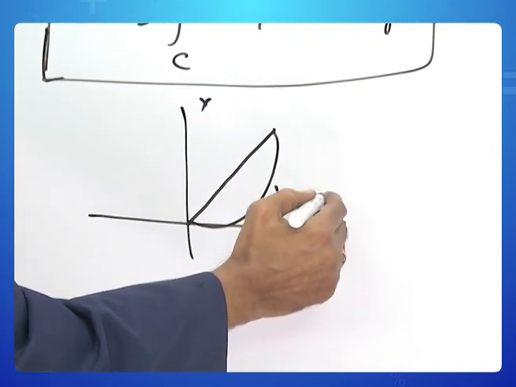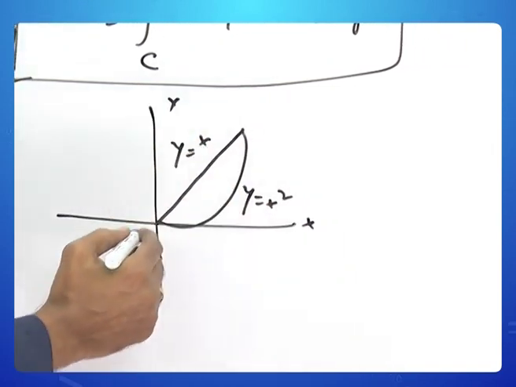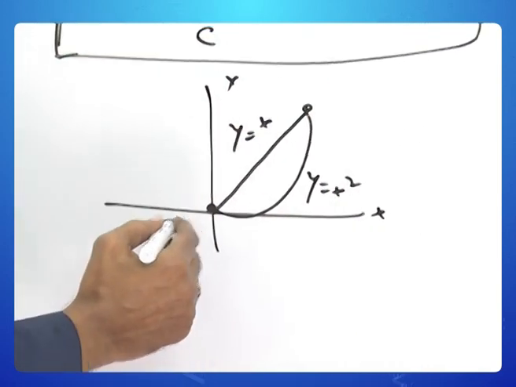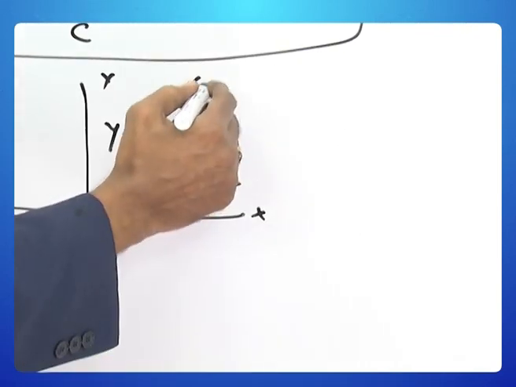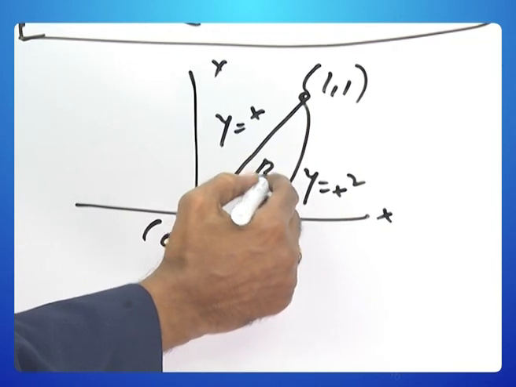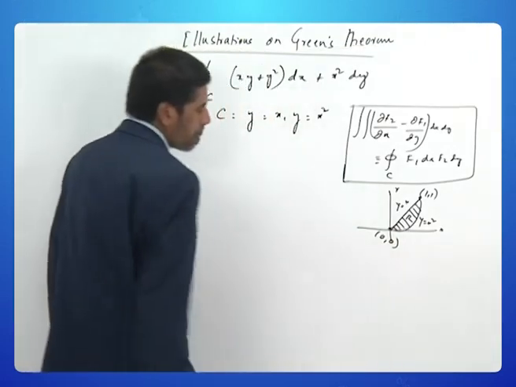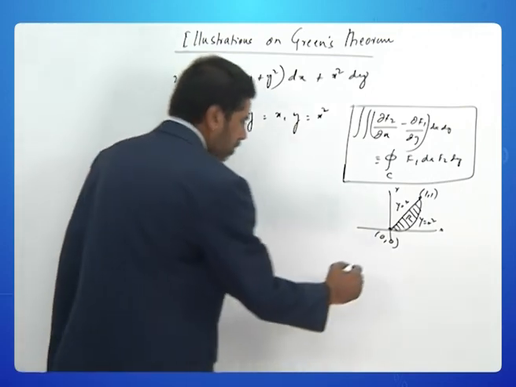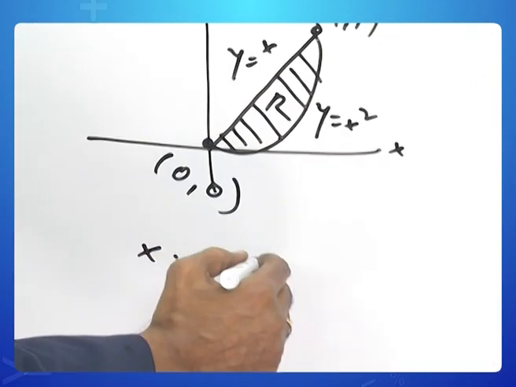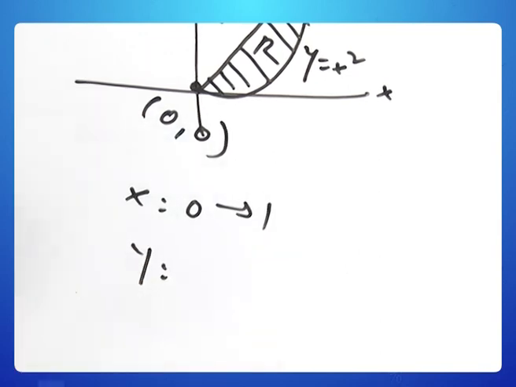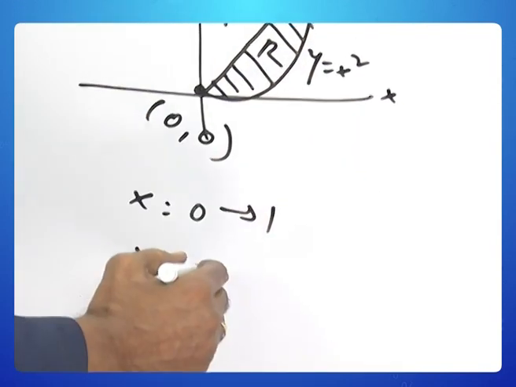The intersection points are (0, 0) and (1, 1), and that is the region of integration. So the limits of x will be 0 to 1, the limits of y will be x² to x.